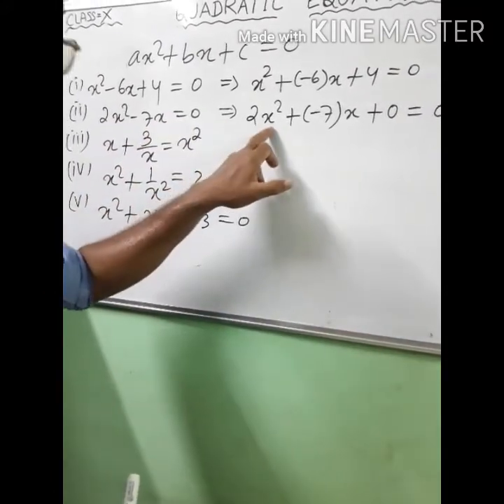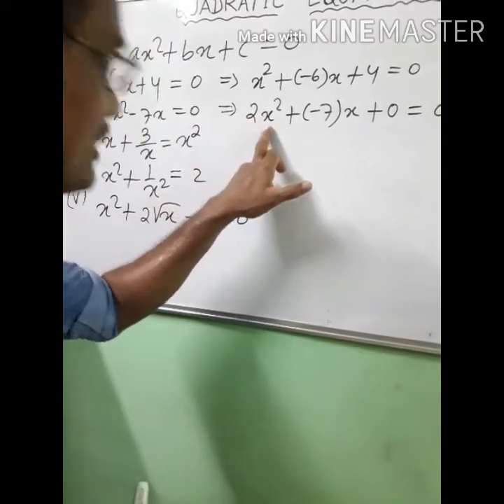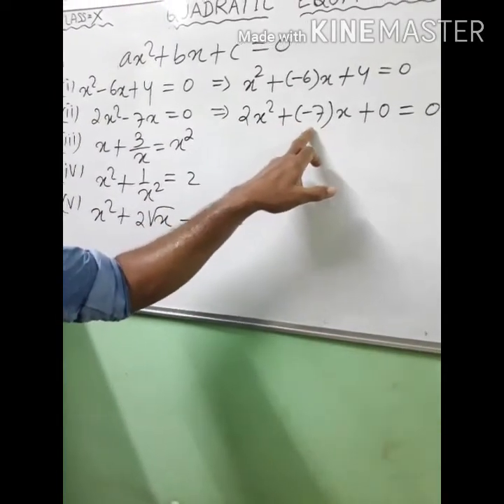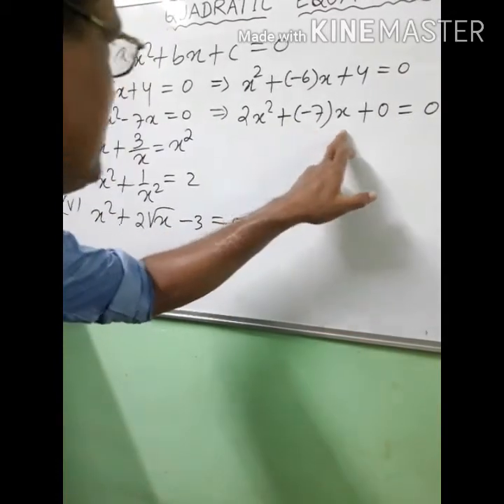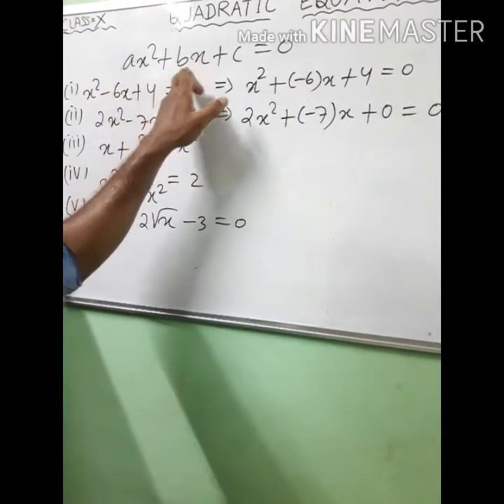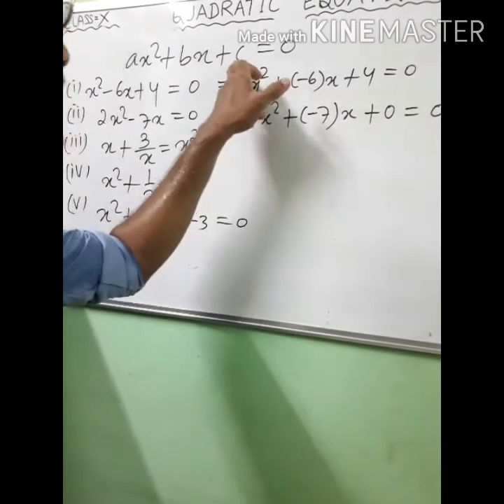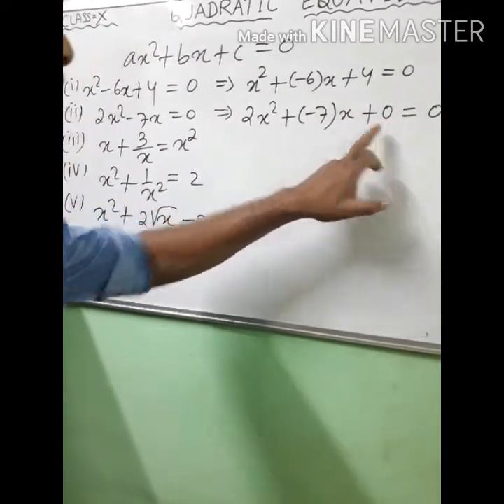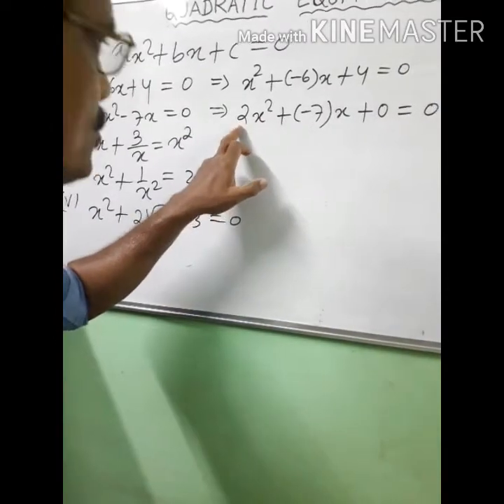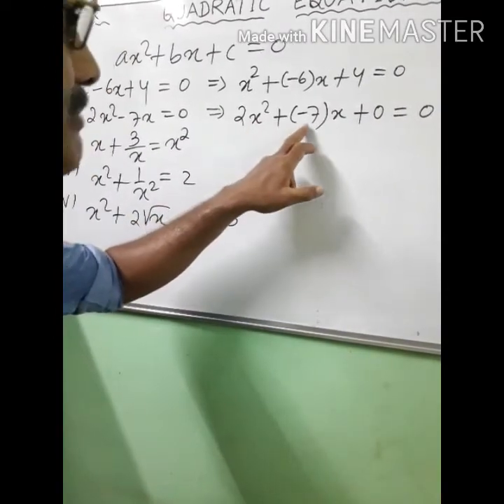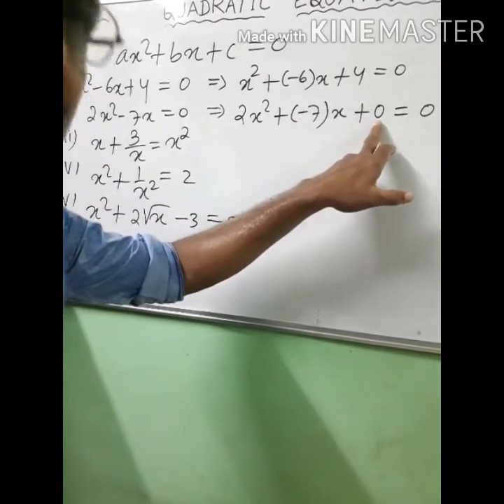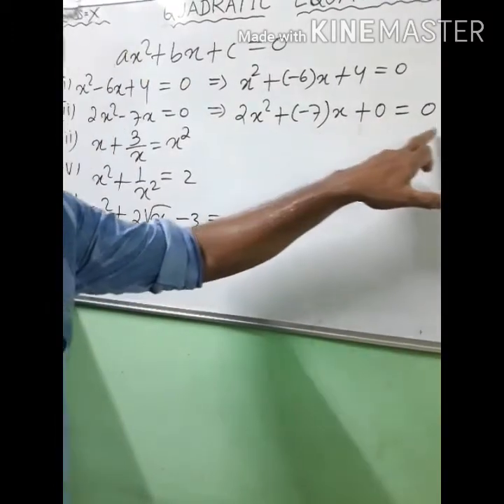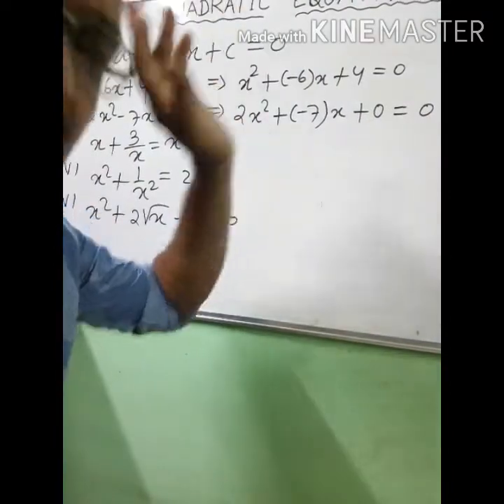So 2x square means ax square plus bx. The value of b is minus 7. Plus c means the value of c is 0. So the value of a is 2, b is minus 7, and c is 0. So that is ax square plus bx plus c. So it is also a quadratic equation.